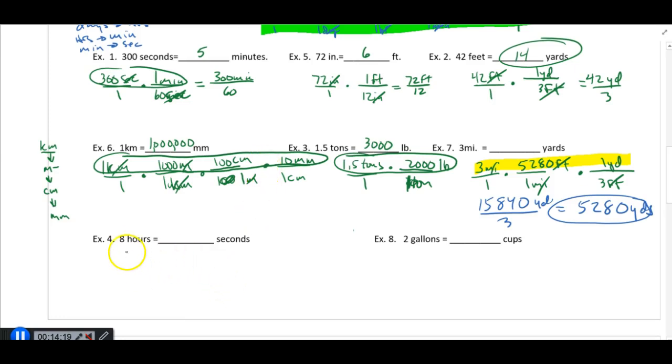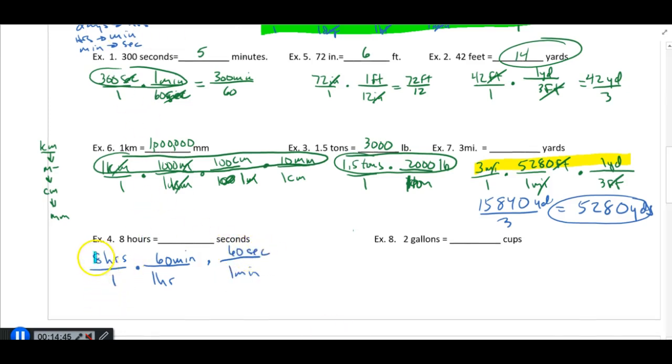Okay? Now, hours to seconds. If you think about this one, I have to go from hours to minutes to seconds. So 8 hours over 1 times. In this case, I know 1 hour is equivalent to 60 minutes. Times, over here, I know 1 minute is equal to 60 seconds.